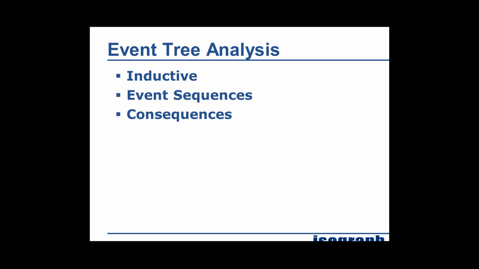So we can assign consequences and also assign weights to the consequences. Some event sequences might lead to more severe consequences than others. So weighting the consequences allows us to compare different event sequences, the potential risks of different failure sequences.